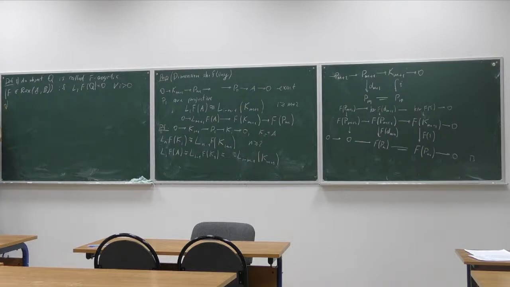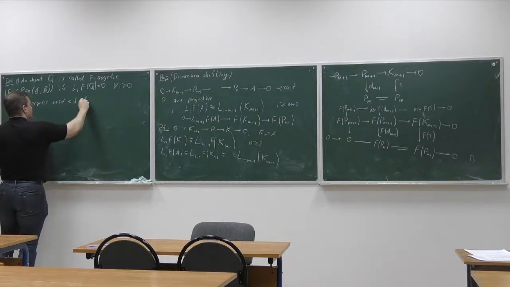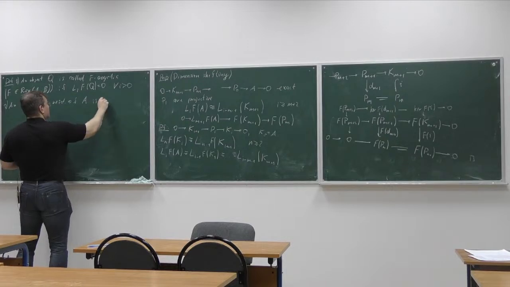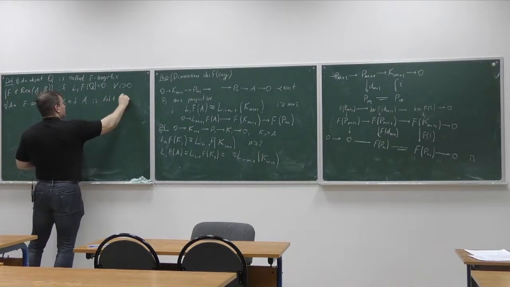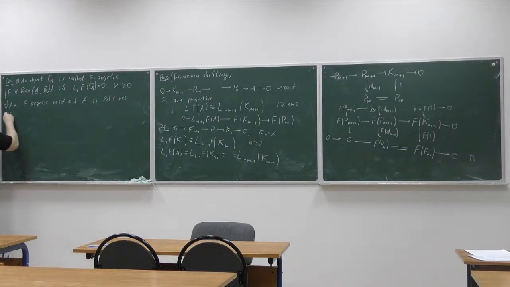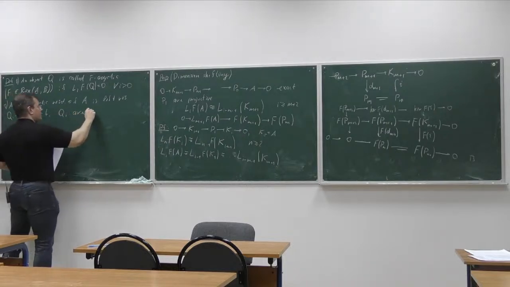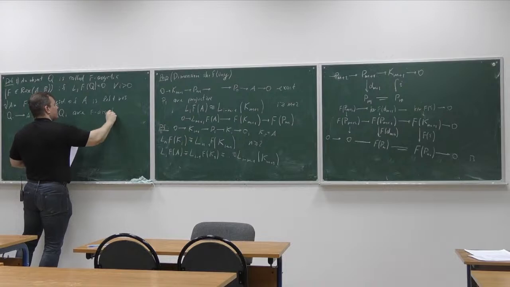And second, an F-acyclic resolution of some A is a left resolution Q with the bullet such that all the Qi are F-acyclic.